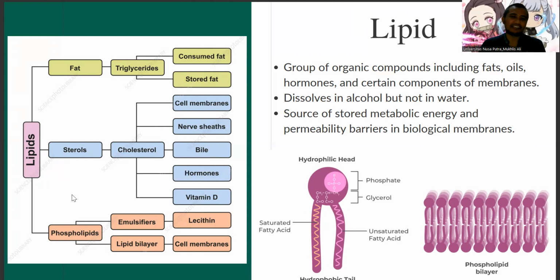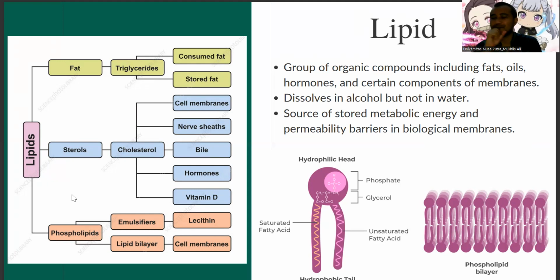Lipids can be classified into three kinds. The first one is fat. We know this fat is triglycerides. It can be classified into consumed fat and stored fat. The next one is sterols.